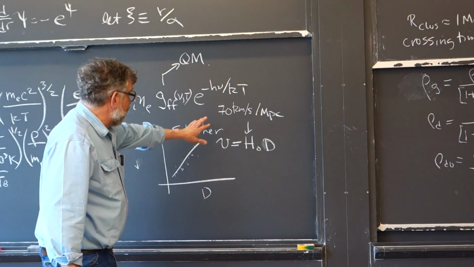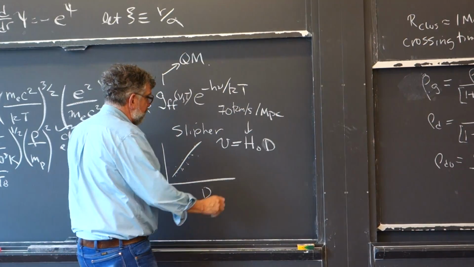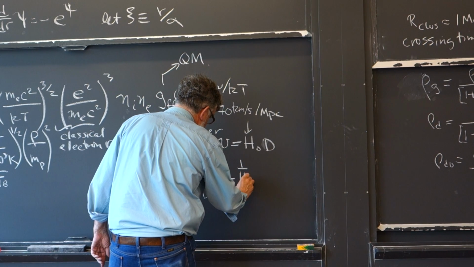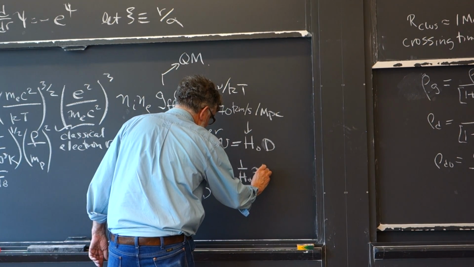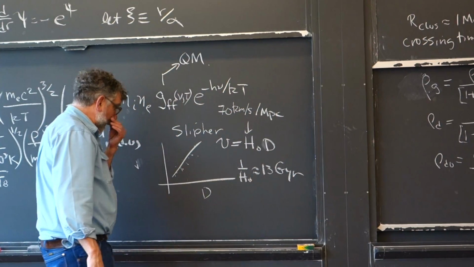Now, since a kilometer is a distance unit and a megaparsec is a distance unit, you can take this number and make an inverse time out of it, and 1 over the Hubble constant is approximately 13 billion years.